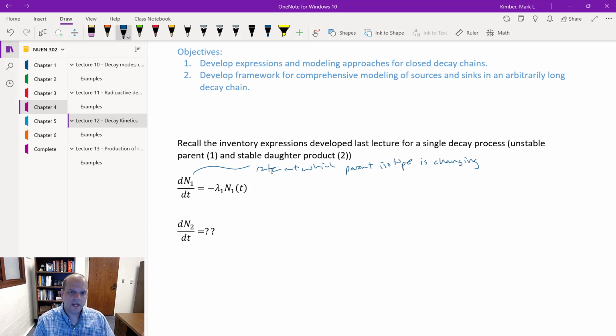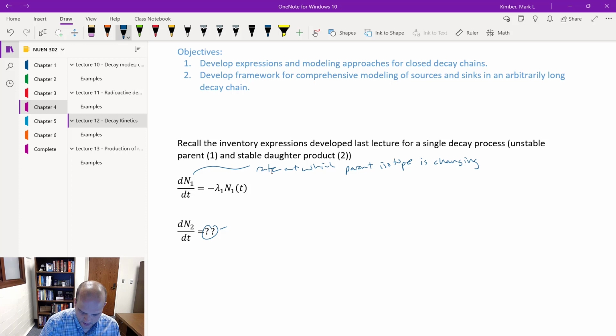And just as we had a negative rate with the radioisotope, isotope number 1, we're going to have a positive rate of change for the inventory of the second isotope, which is stable. And dN2/dt is going to be equal to whatever I am losing from the inventory of radioisotope 1 is the same that I'm gaining in the inventory for isotope number 2, which happens again to be stable.